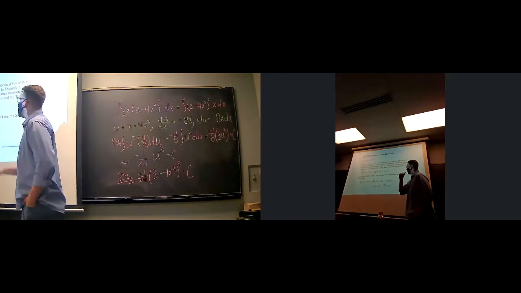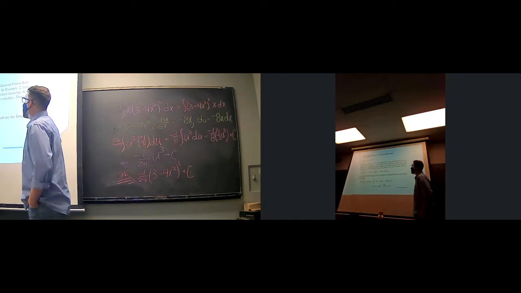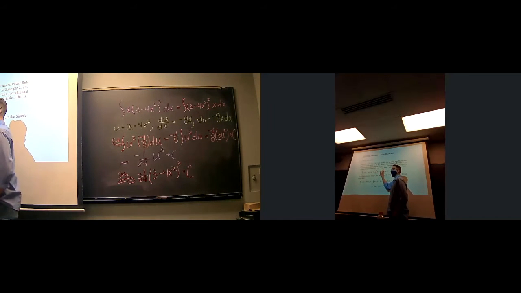Now jumping to the next problem. It's almost identical actually to what we just did. Almost identical, except instead of an x, they have a negative 8. And what they're trying to say here is we can't think of this as pulling 1 over x outside of the integral and doing that same thing as we did last time.